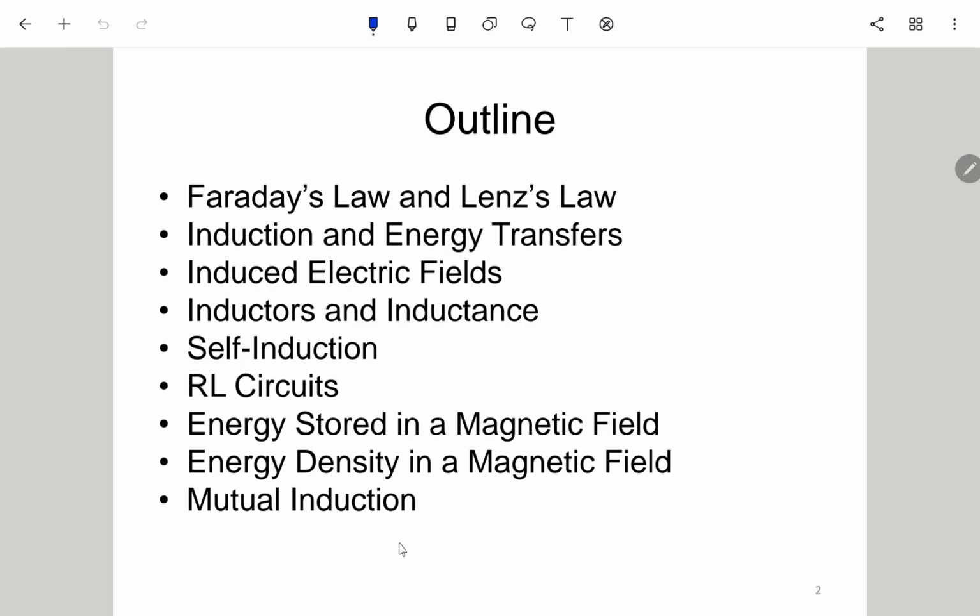You can consider it as a transformer, 变压器. Which means that if we have two coils placed close together, we can generate a B field from one coil.